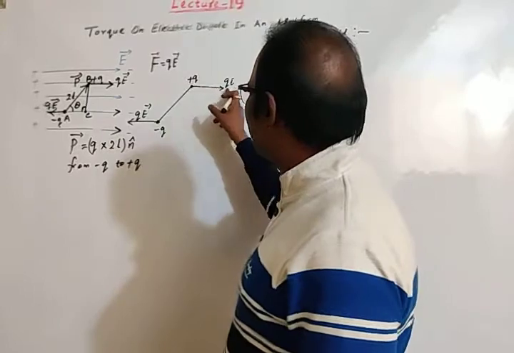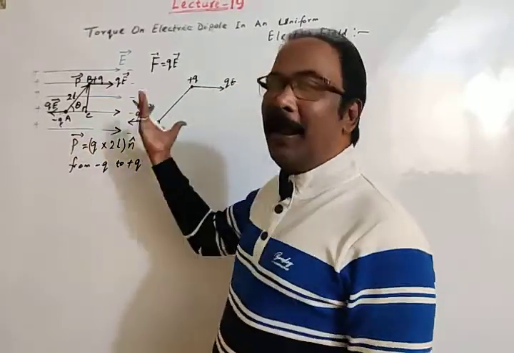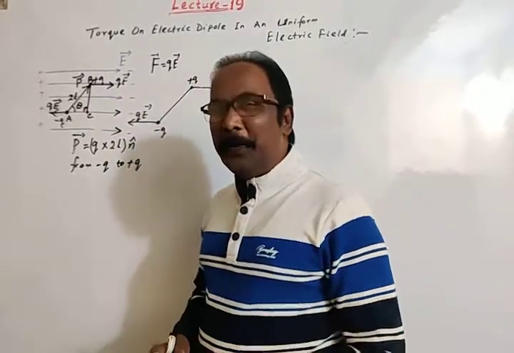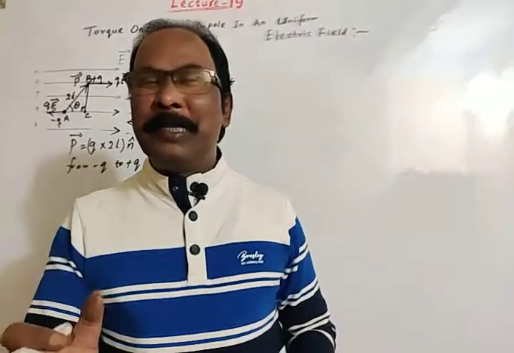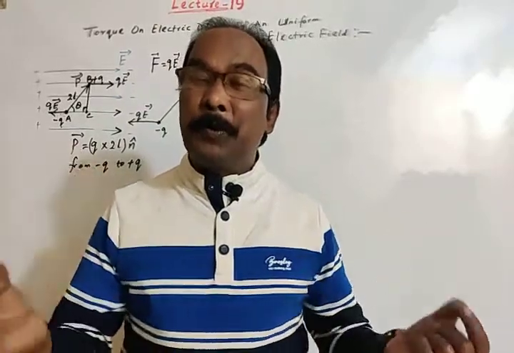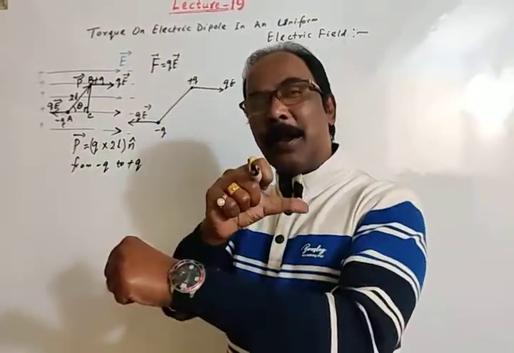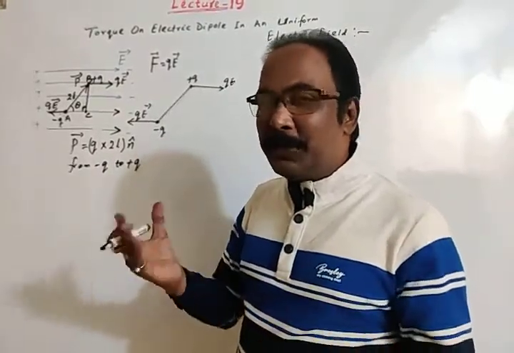Force on plus Q is QE, force on minus Q is QE, and they are opposite in direction. And we know when two equal and opposite forces act on a body, meaning the magnitude of the forces is the same, QE, and directions are opposite, then the resultant force is 0.